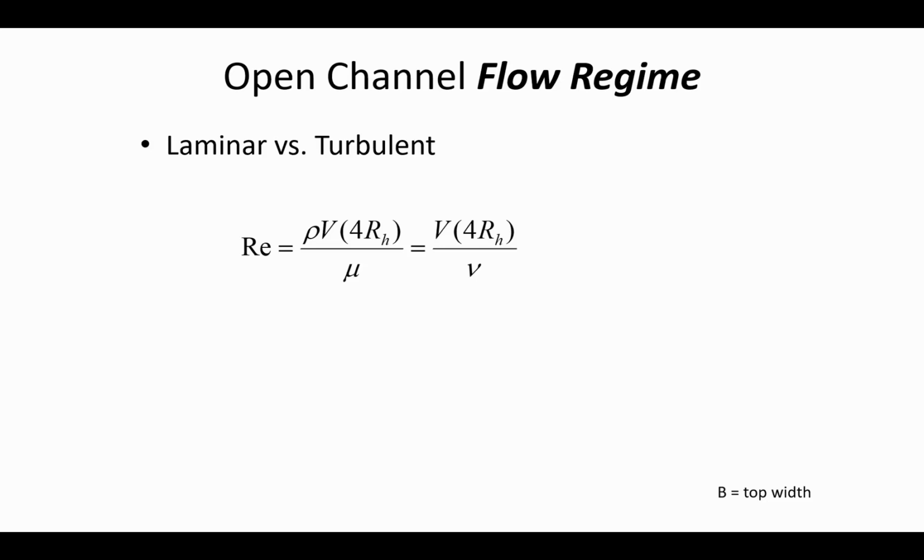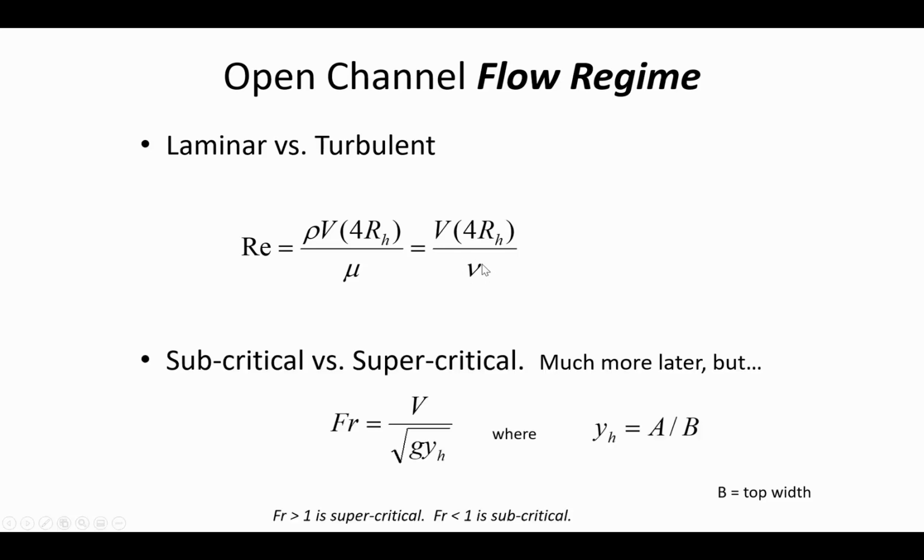You may remember we had a lecture earlier this semester, class number 8, about how to apply non-circular conduits into formulas where normally we would use d, diameter. If you have a channel that doesn't have a diameter, you can use 4 times the hydraulic radius in place of it. So you can calculate the Reynolds number, and if the Reynolds number is above 4,000, then that's turbulent flow. So velocity times 4 times the hydraulic radius divided by kinematic viscosity would be the Reynolds number.